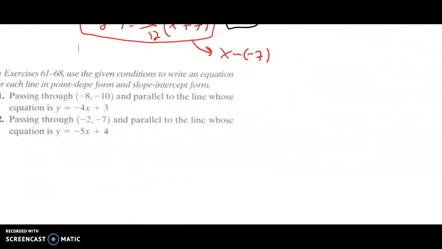Actually, before we dive into these next two examples, we are going to talk a little bit about parallel and perpendicular lines first. So in your notes, you're going to write parallel lines. We know that parallel lines have the same slope.